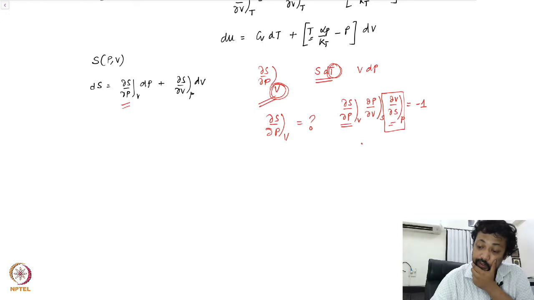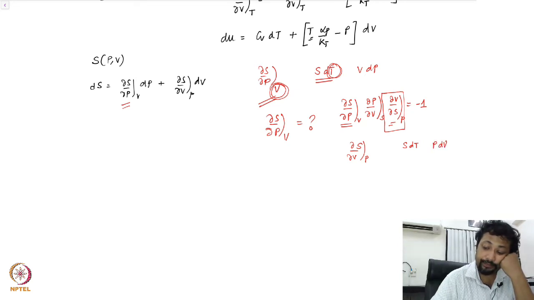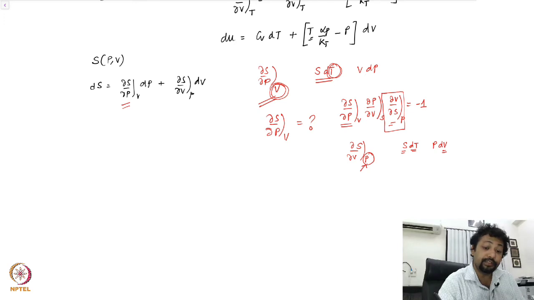Because you are looking for a derivative which is del S del V pressure constant. So you cannot apply a Maxwell relation because the corresponding free energy from which you want to derive such a relation will always have P dV. So S derivative with respect to volume is usually with the variable which is conjugate to S held fixed. But it is something else which is held fixed. It is the pressure which is held fixed.